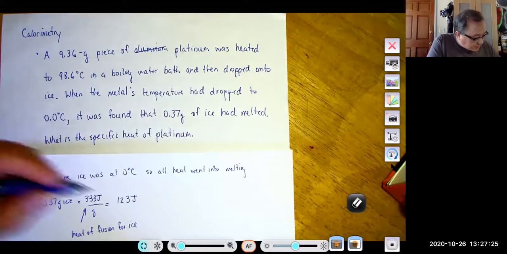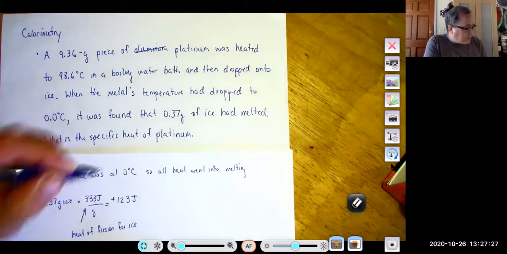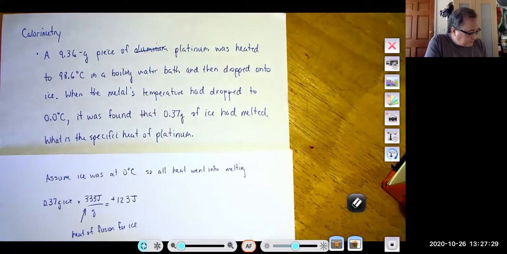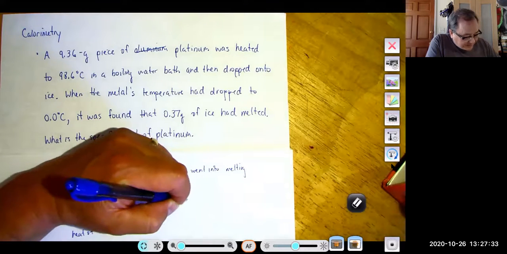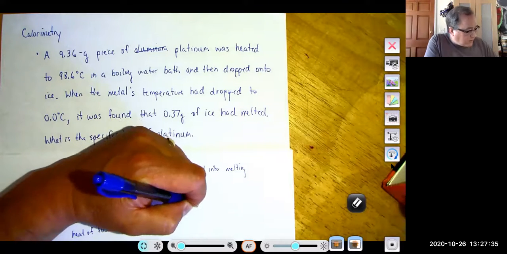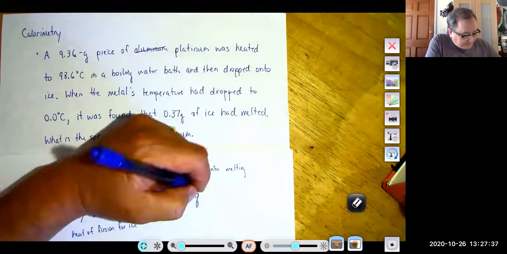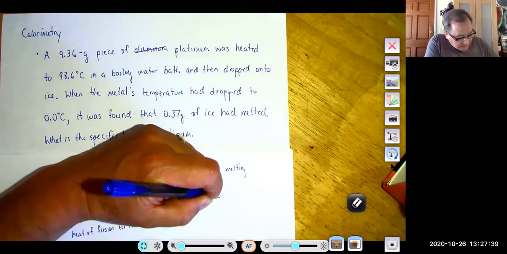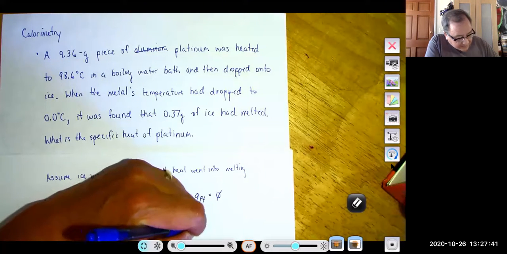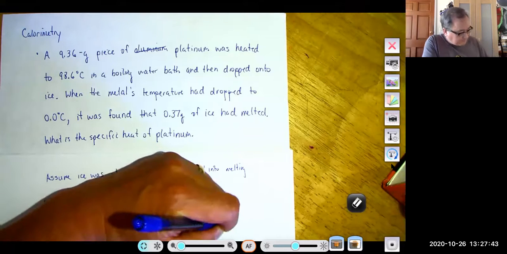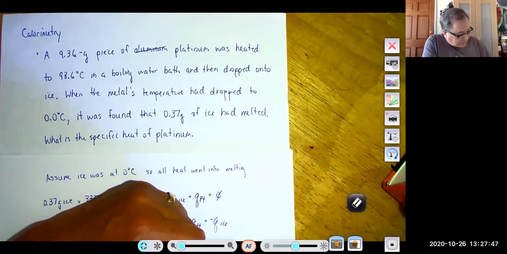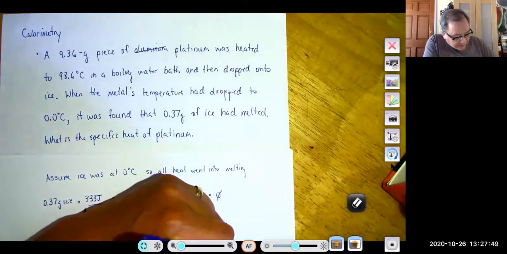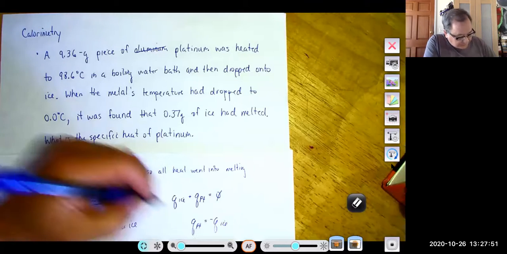So here, this would be plus 123. And so when we say Q of the ice melting plus Q of the platinum is equal to 0, Q of the platinum is negative Q of the ice. And so Q of the platinum is equal to negative 123 joules.